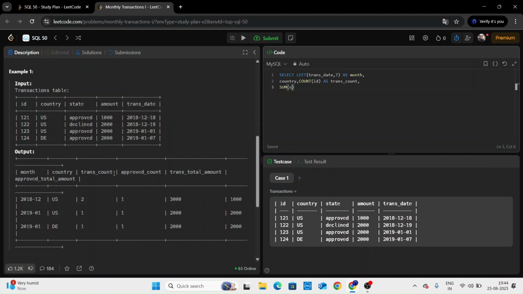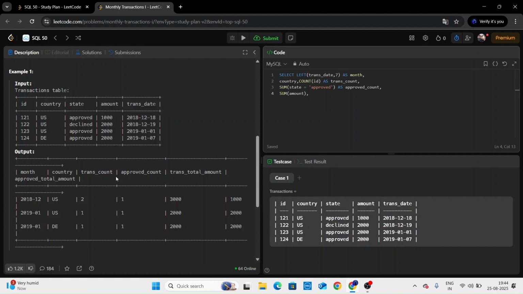Okay, we'll check whether the state is equal to approved. If yes, it will return 1. If it is false, it will return 0. Okay, it's nothing complicated. Then we have the transaction amount, which is just summing up the total amount.